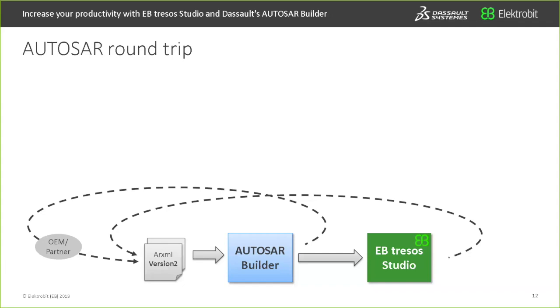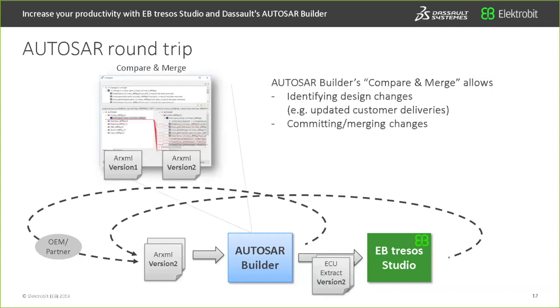So one way to handle that is using this compare and merge tool in AUTOSAR Builder. This is a utility in AUTOSAR Builder which allows you to compare different AUTOSAR projects on an AUTOSAR level.